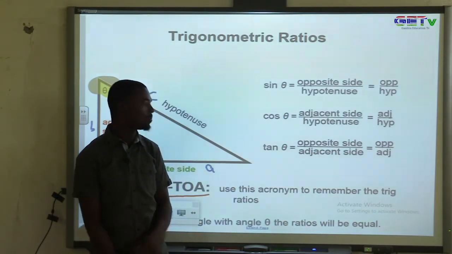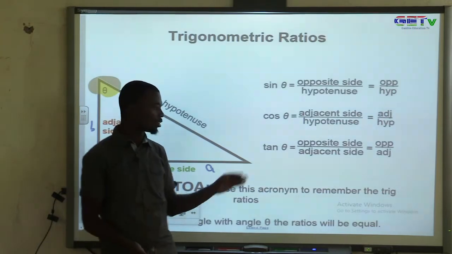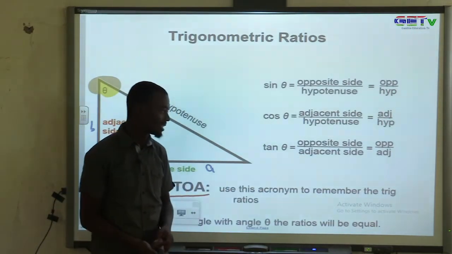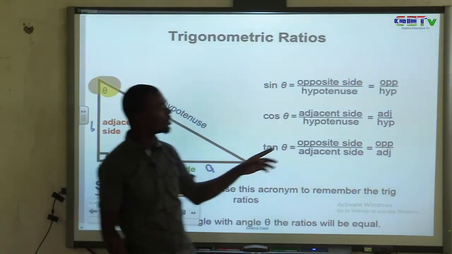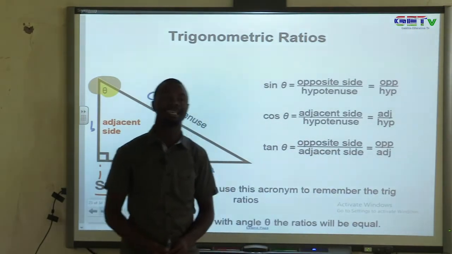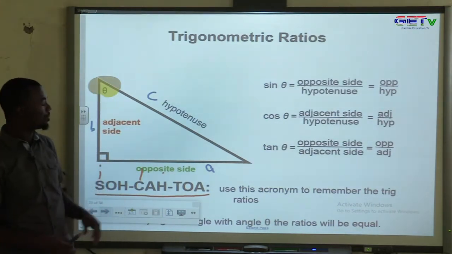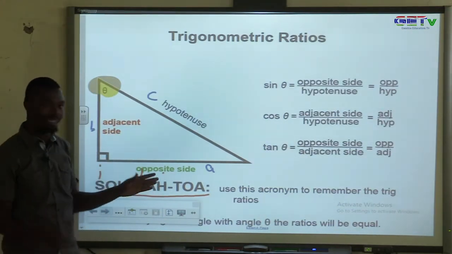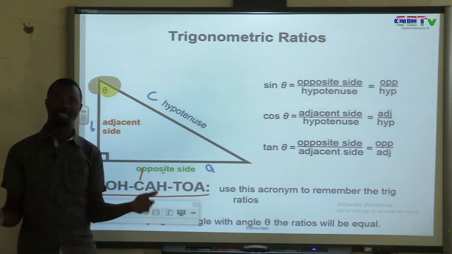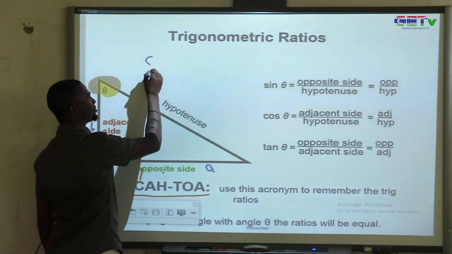Tan theta is the opposite side over the adjacent side. As I told you, opposite is abbreviated OPP and the adjacent is ADJ. Now, in a way that you can quickly remember these trig ratios, you use SOHCAHTOA.